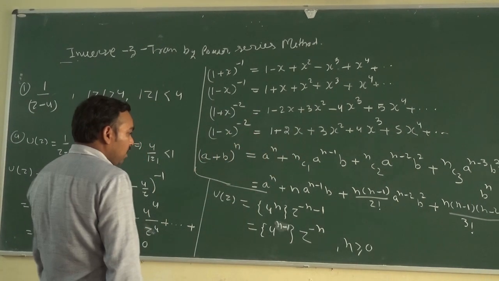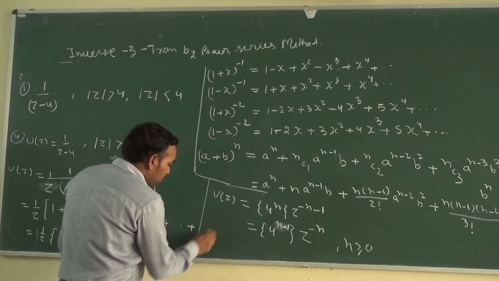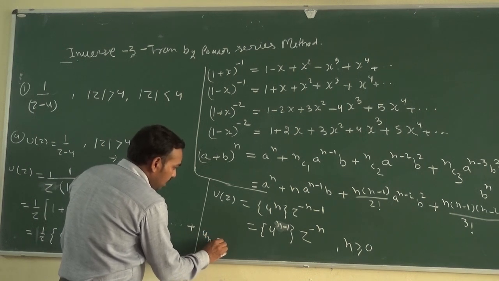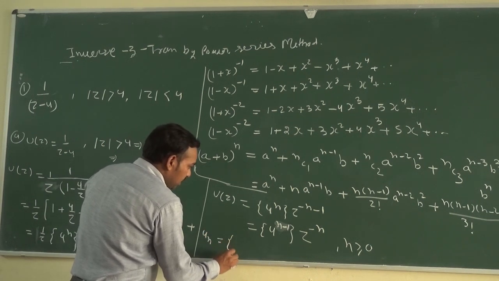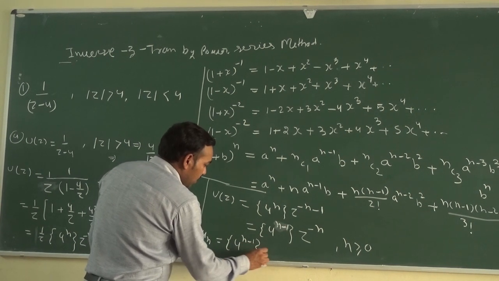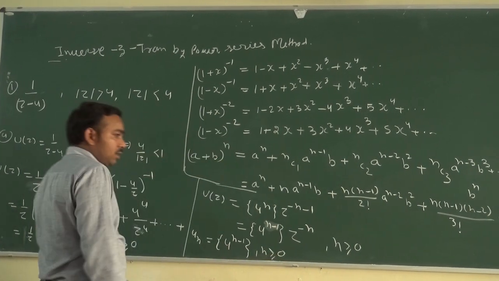So finally the inverse Z transform is u of n equal to the sequence 4 to the power n minus 1 for n greater than or equal to 0.